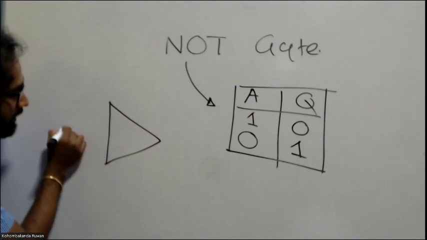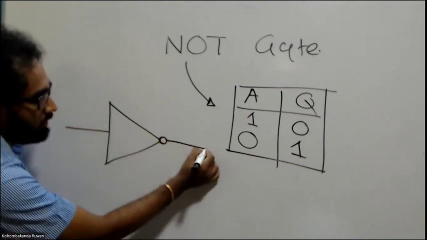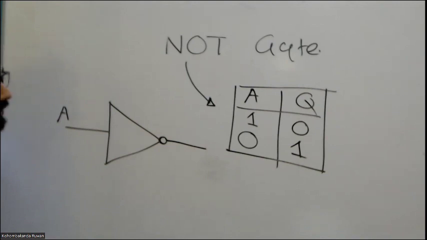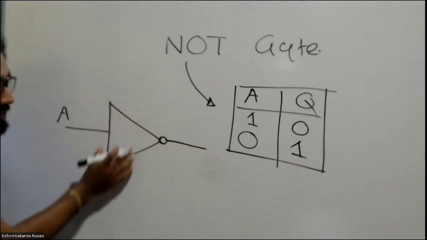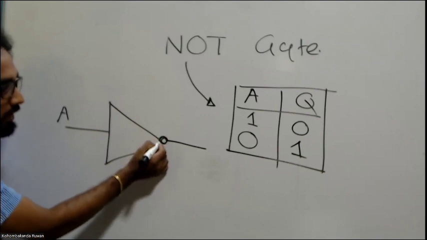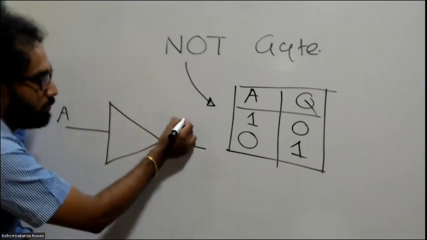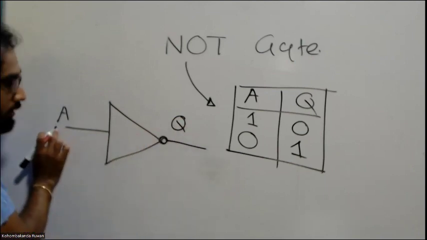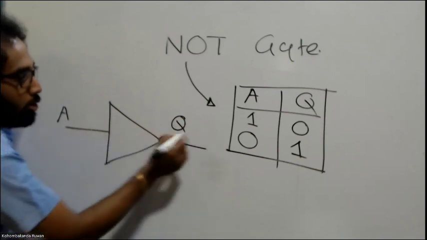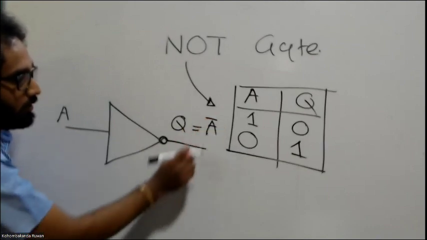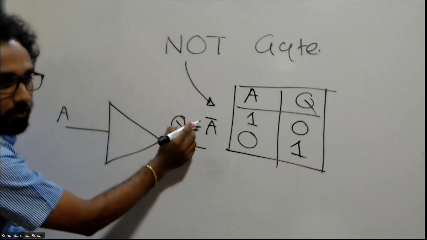The input is A, then this is the symbol. See the icon here, and this is the output Q. If you input A, you get the negative of that. We can denote it using this mark.